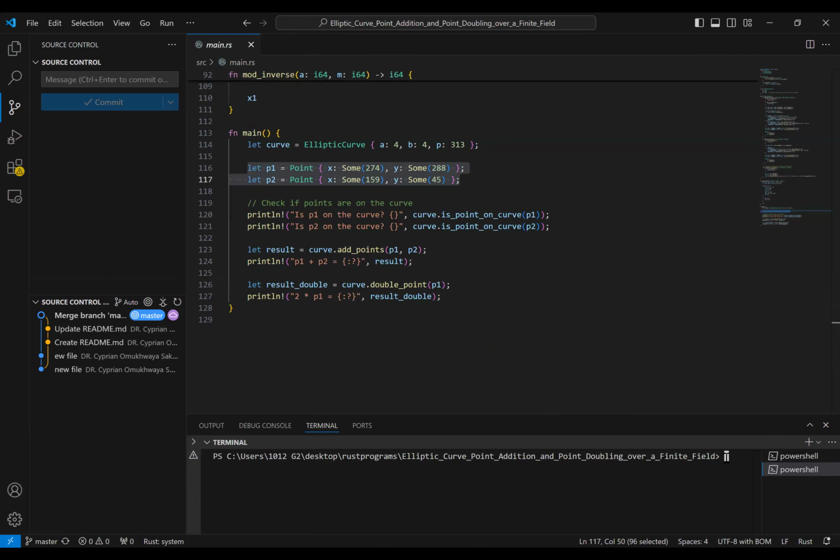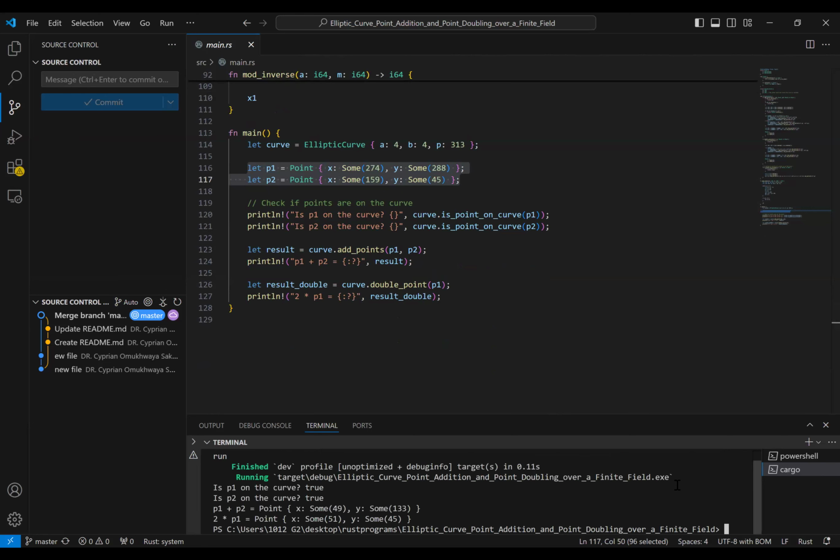Let me run and see. Now it has told me P1 is on the curve, P2 is on the curve, and therefore their sum is here. And if I want to get 2P1, the result will be this.